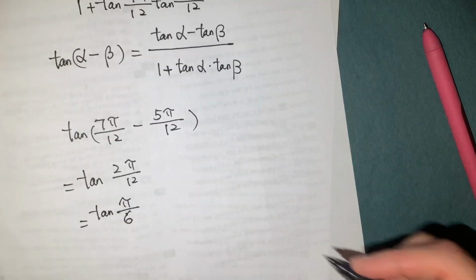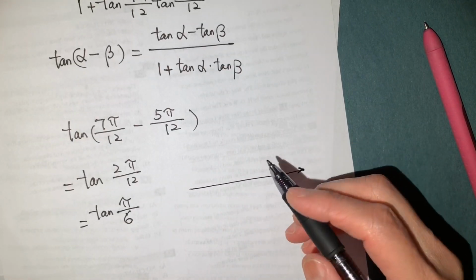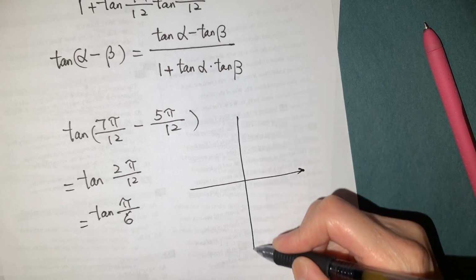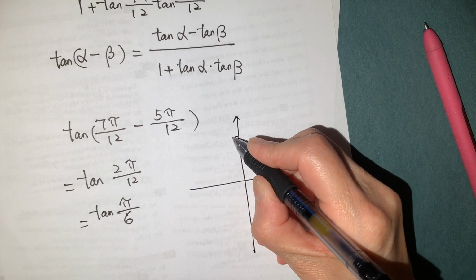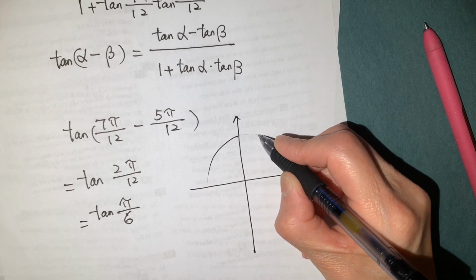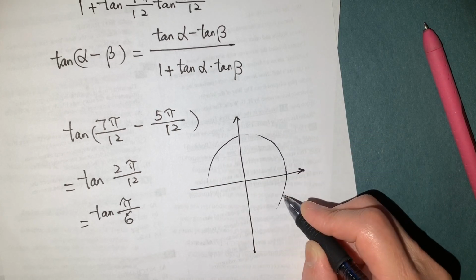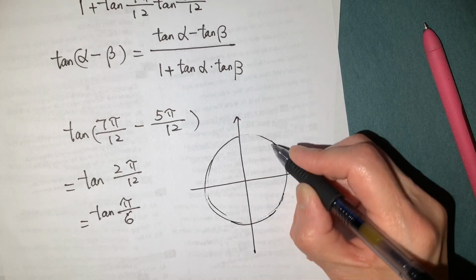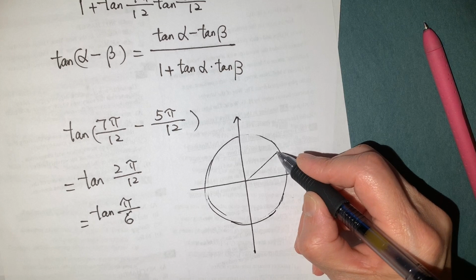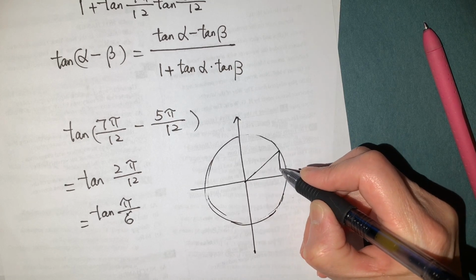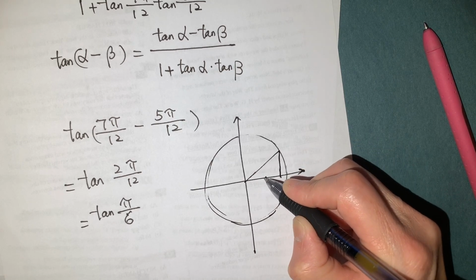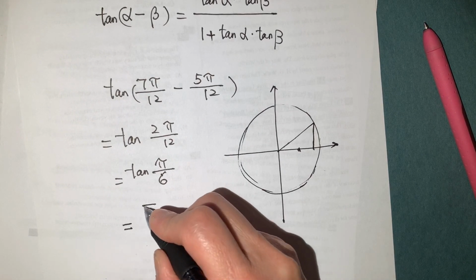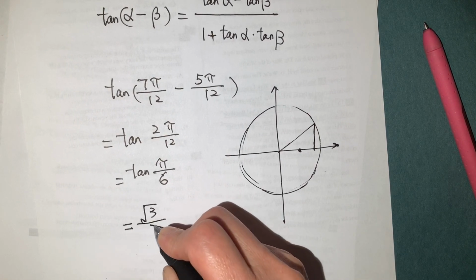So it's 30 degrees, right? We will do our unit circle. This one is 30 degrees, and this over this must be smaller than 1. So it's root 3 over 3.